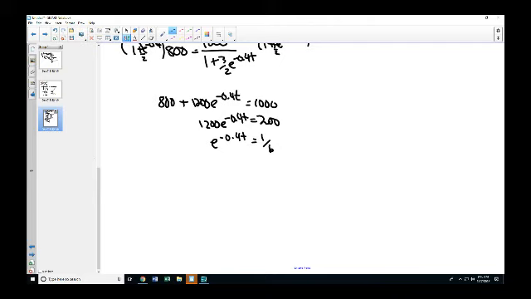We've been using inverses for a couple steps now. How do you get rid of E? It's natural log. Yeah, the inverse is natural log, right? So that, goodbye, negative 0.4t equals natural log of 1/6.